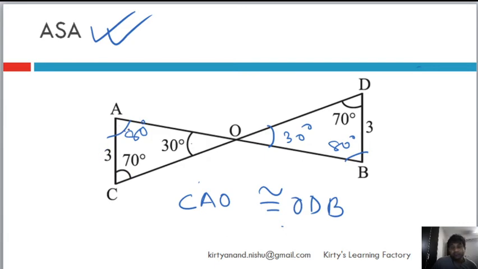Because between these two angles 80 degree and 70 degree, the length AC or the length CA is equal to the length DB, because C corresponds to D and A corresponds to B, right? So we can say that yes, these two triangles are congruent to each other.